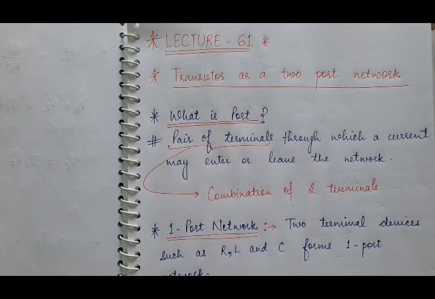Now there are various types of networks: one-port, two-port, three-port and four-port networks. The three-port, four-port and higher ones are known as multi-port networks. But before that, we will discuss the simplest case, the one-port network.